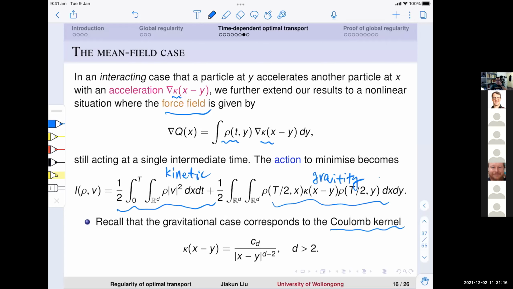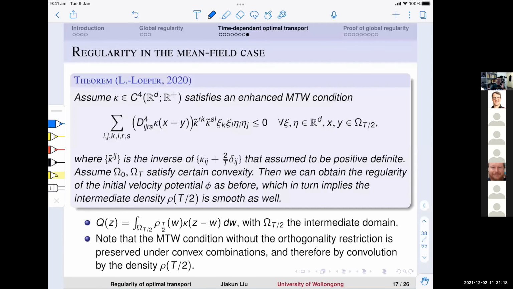So in that case, we have to assume a slightly stronger condition for the kernel. We assume the kernel satisfies a first order condition, which is very similar to MTW. But if you look at MTW more carefully, you can see this is stronger because we don't need to assume theta perpendicular to eta. There is no such restriction.